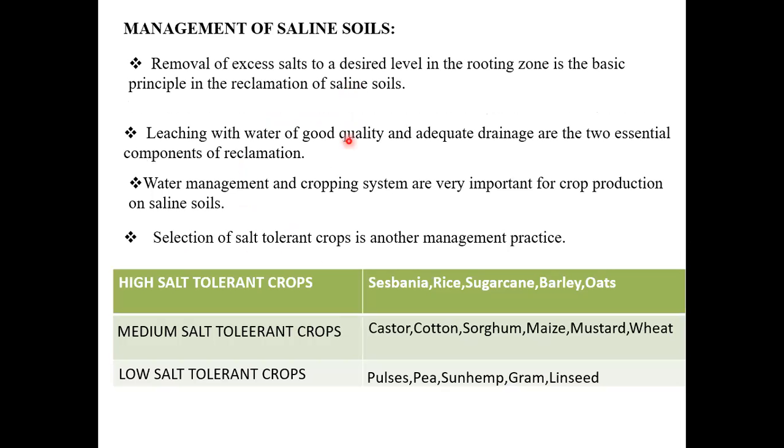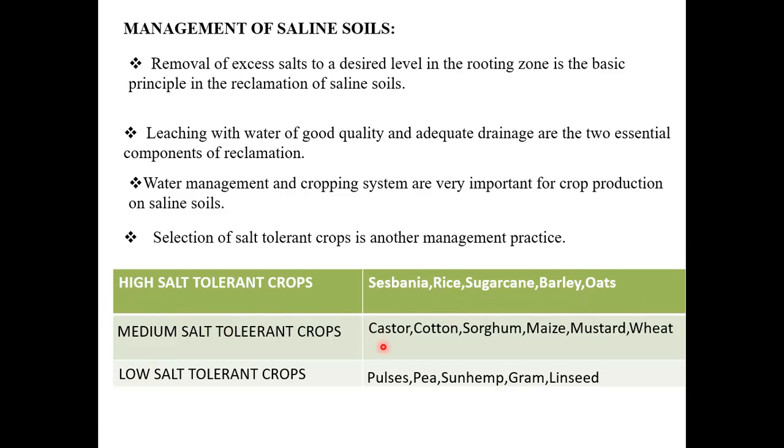So management of saline soils, how do we manage them? Very first, we have to go for tolerant crops. What are the tolerant crops, students? High salt tolerant crops are Sesbania, rice, sugarcane, barley, and oats. Another is medium tolerant crops.